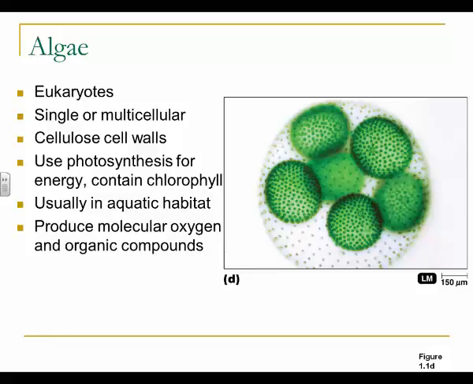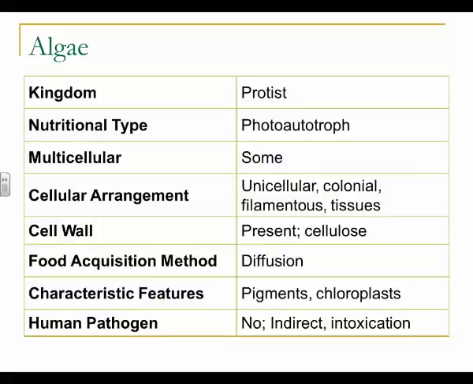They are limited to areas where there is light, so usually found in the water, your seaweed and things like diatoms and algae, sometimes found on land, but at different levels of the water because they're all photosynthetic and contain chlorophylls that help them to use that light energy in producing energy for their metabolism. And they're the bottom of the food chain, like plants, where they're autotrophs, where they produce food as part of their metabolism.